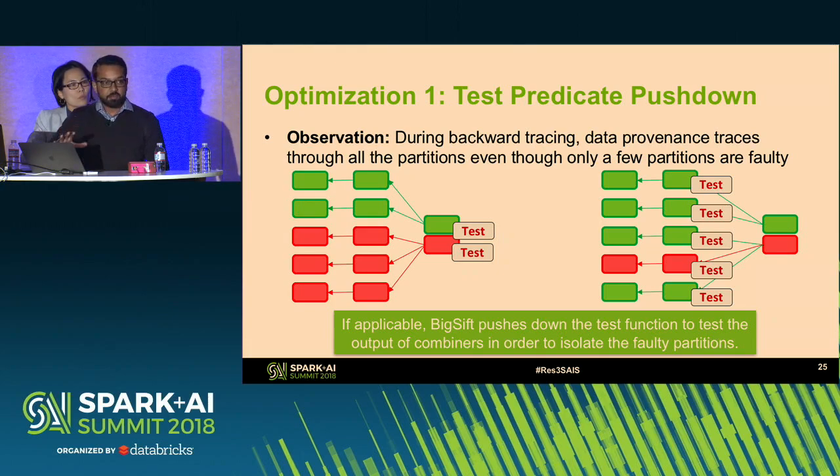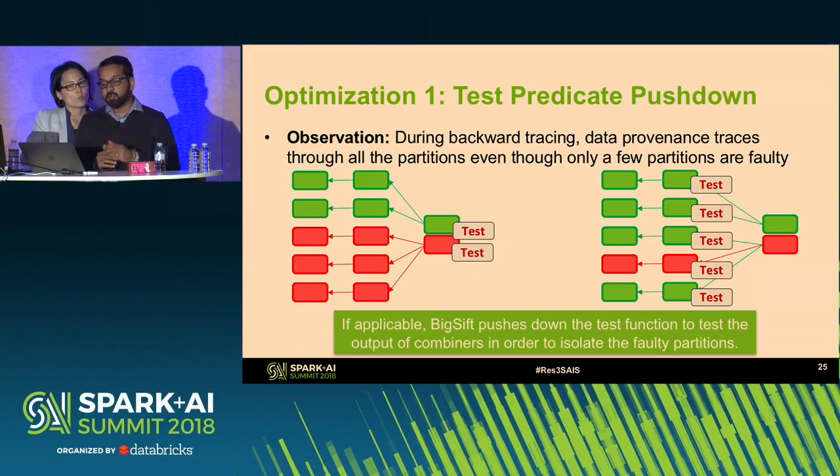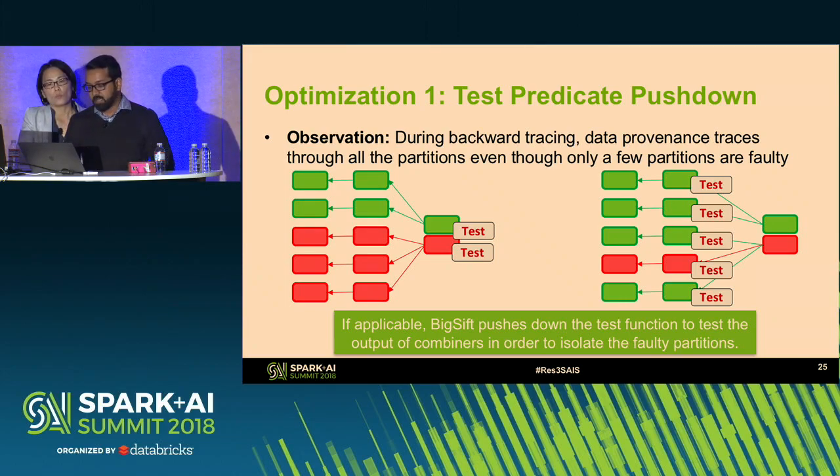This is exactly what this optimization is about, where we push down the test function to test the partial output of individual partitions, rather than the final output of the whole job. This helps us isolate the exact partitions responsible for generating the test failure. By doing so, we can find that failing partition and localize our search to just that partition. It reduces the search space of the job quite drastically.